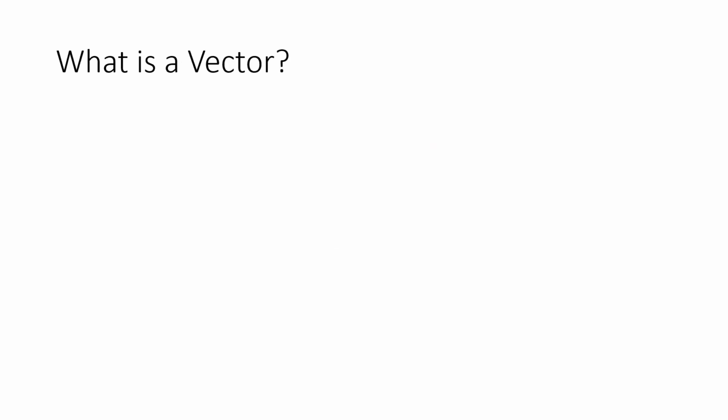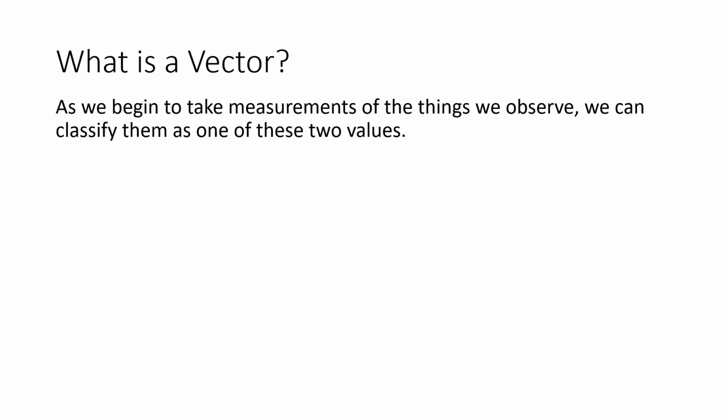What is a vector, though? So we have a vector. Maybe you've talked about it in your math class, but I'll go step by step in this explanation. We can start classifying things in the real world as one of two things.